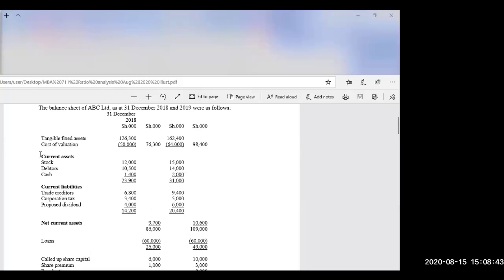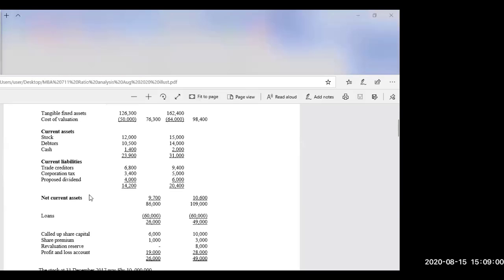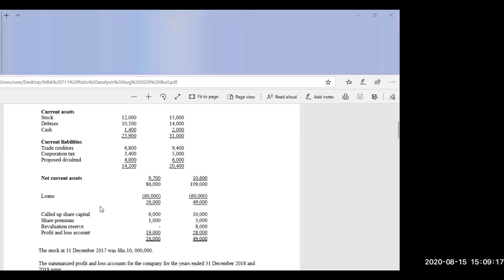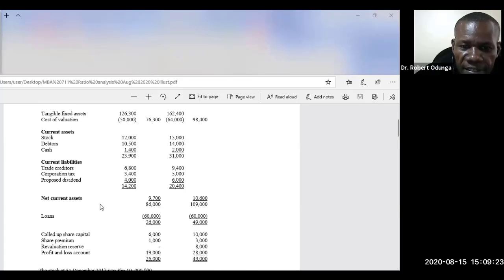What is our total liabilities? We have current liabilities, we have loans, and then we have the shareholders' funds. So our total liabilities, for example, for 2018 is 14,200 over total assets. Now, total assets is current assets plus non-current assets.